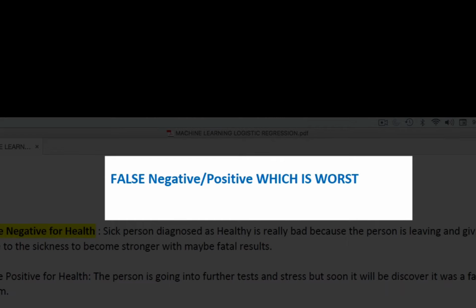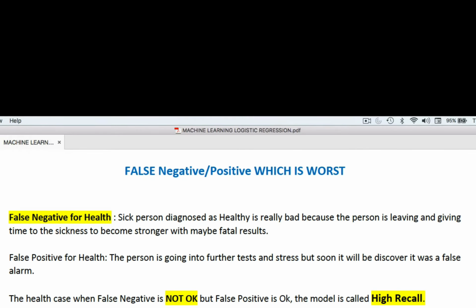Which is worse, false negative or false positive? False negative is worse in the health case. A sick person diagnosed as healthy is really bad because the person is living and giving time to the sickness to become stronger, with maybe fatal results.